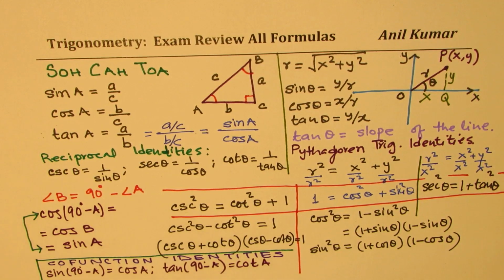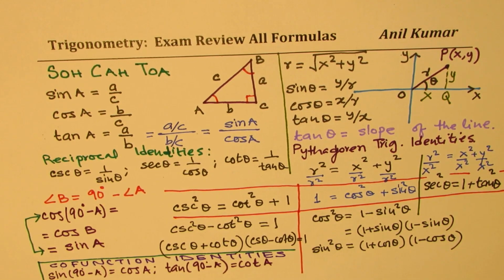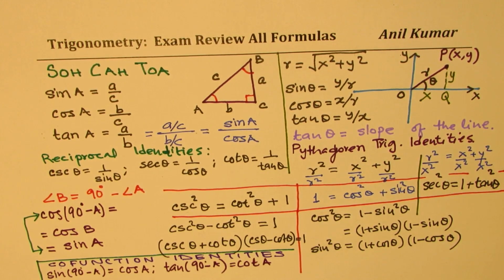So, the cofunction for sine is cosine, for tan is cotangent, and for cos it is sine. So in any triangle, if you have a 90 minus A situation, you could relate it with the cofunction identity as shown here. So this page gives us a lot of information about the basic formulas which you can use to solve any right triangle. And these are the identities which you will use.